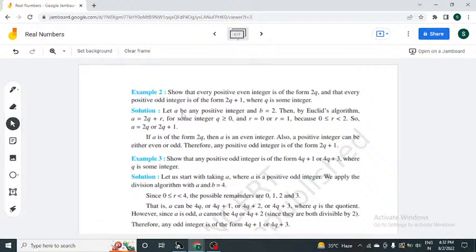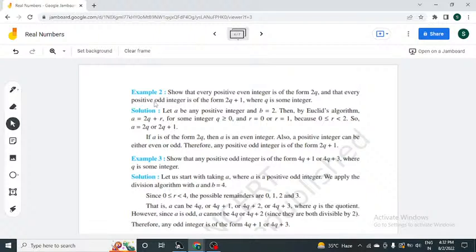Example 2 says: show that every positive even integer is of the form 2q, and that every positive odd integer is of the form 2q plus 1, where q is some integer. Now you must be wondering how it is related to what we have just learned. This is another application of the lemma.